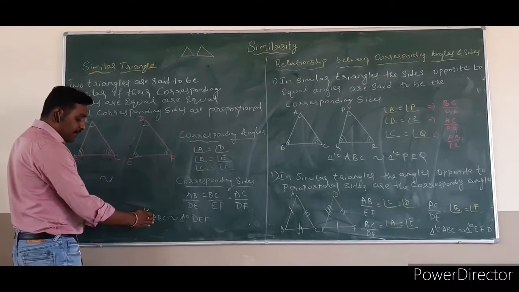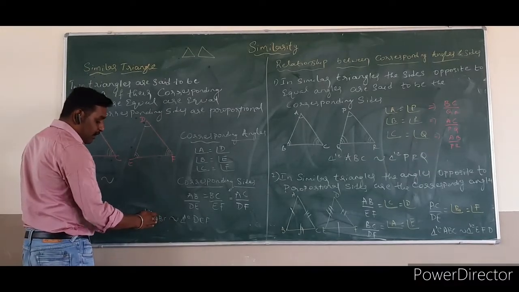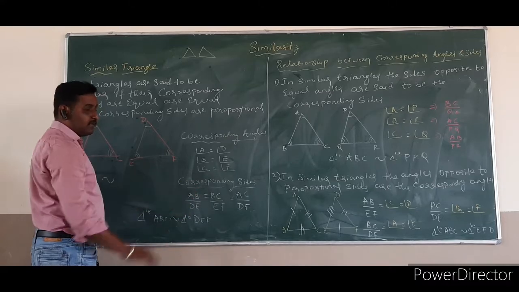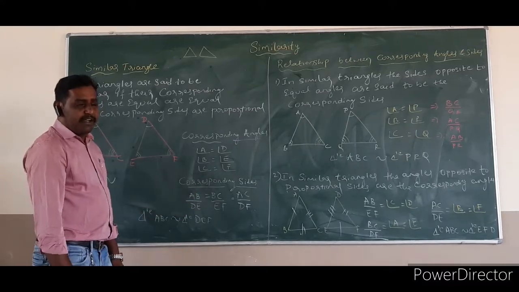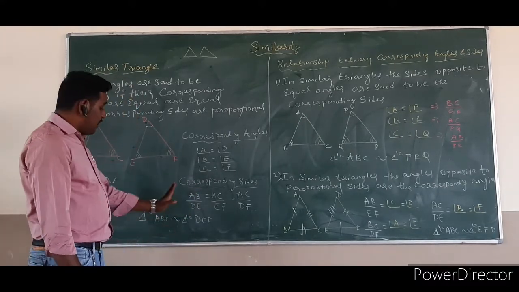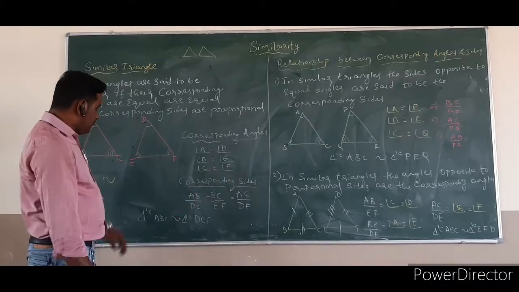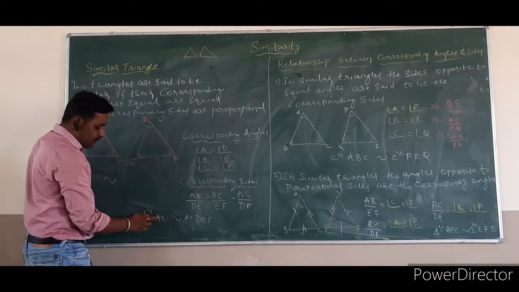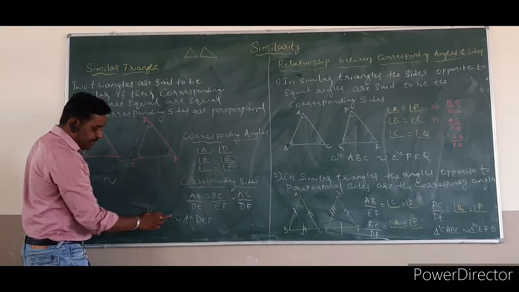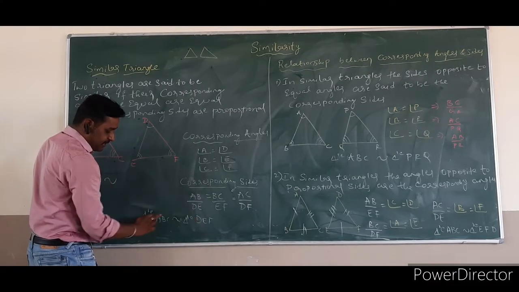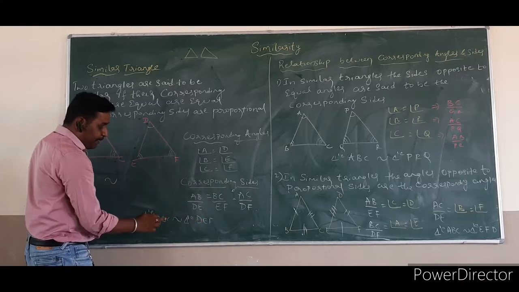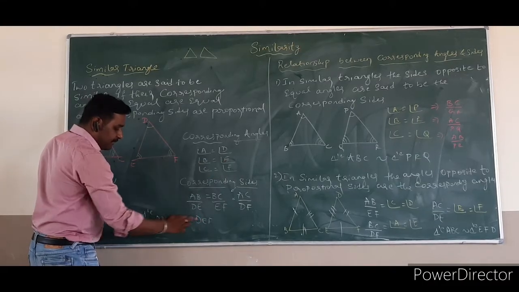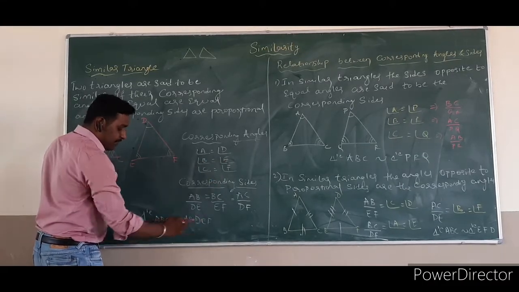Look at ABC. The order of arrangement of vertices is very important while you are writing answers in the answer script. What order is here? Angle A equals angle D. Angle A is in the first place, and angle D is in the first place. Angle B equals E in the second place.